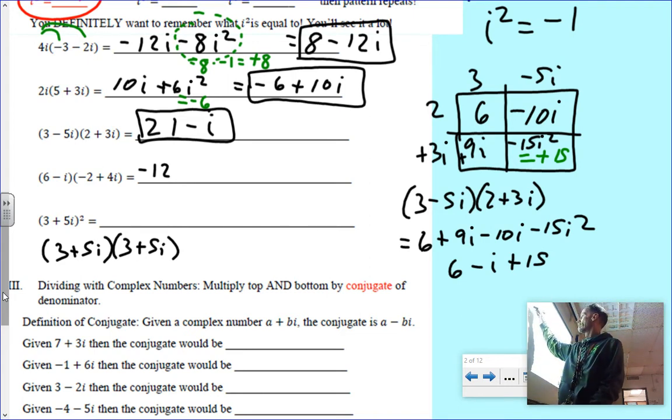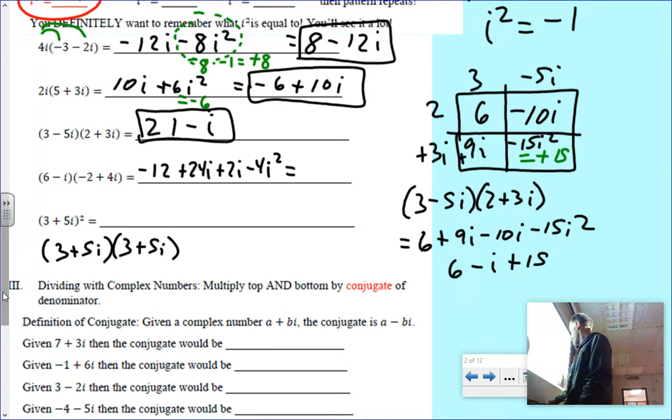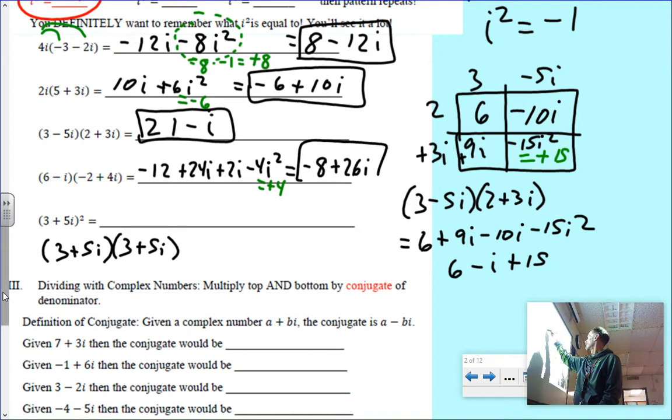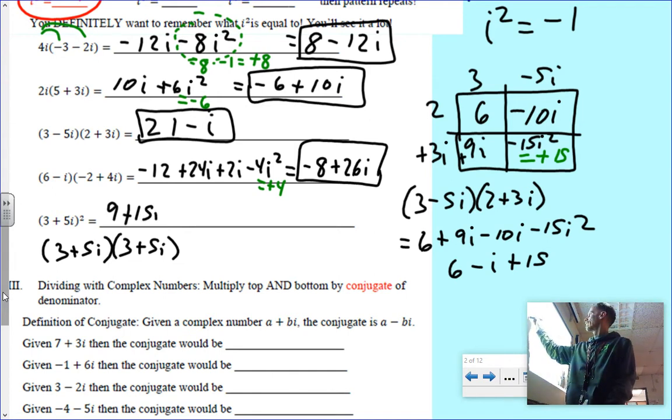So you get negative 12 plus 24i plus 2i minus 4i squared. When you simplify all that, remember this one is equal to positive 4. So you get negative 8 plus 26i. And then for the last one, we'll have 9 plus 15i plus another 15i plus 25i squared.